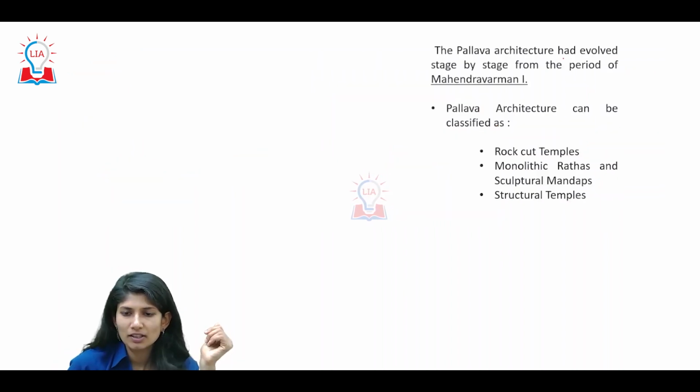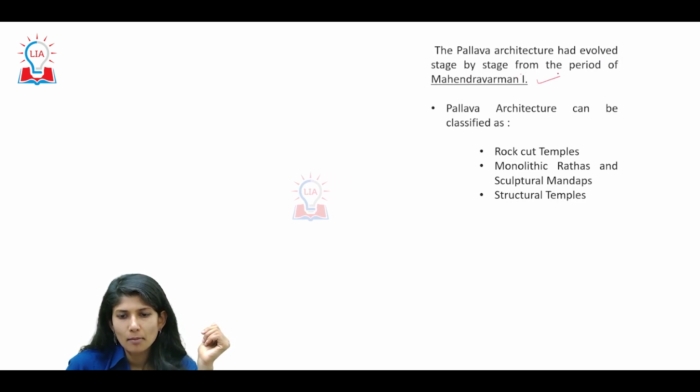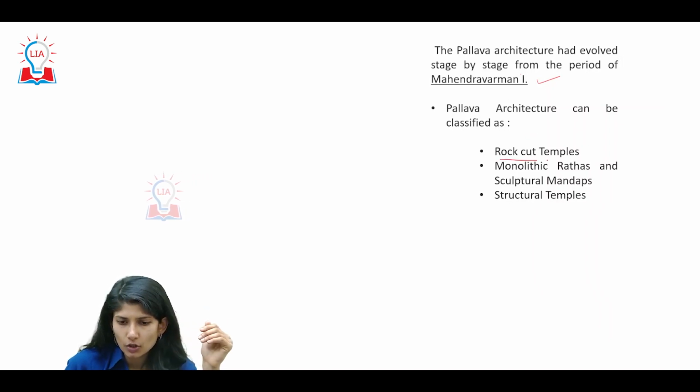The Pallava architecture evolved in stages from the period of Mahendravarman I. What are the changes that took place during the period of Mahendravarman I? Under Mahendravarman I, what happened was rock cut temples, monolithic rathas or sculptural mandapas, and structural temples.